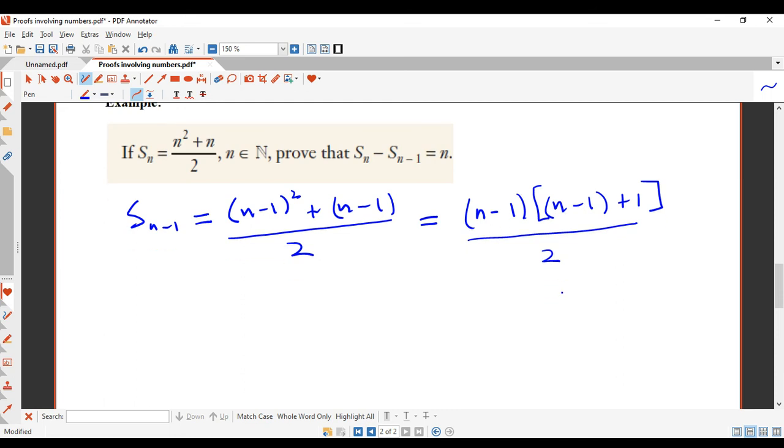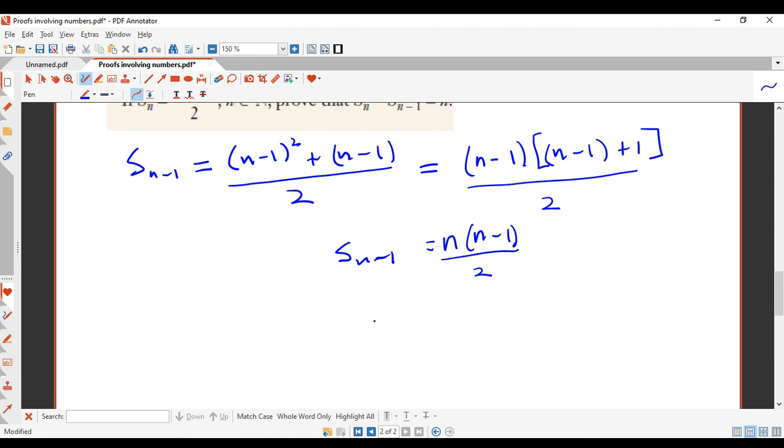And that's obviously going to be equal to n minus 1 outside of, well, that's just going to be n. So we can put this as n times n minus 1, all divided by 2. That's what S_(n minus 1) is equal to.